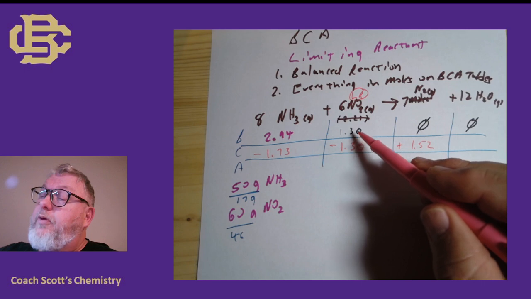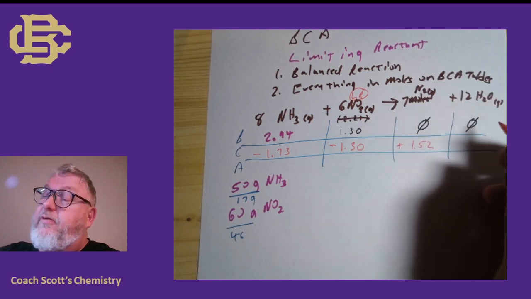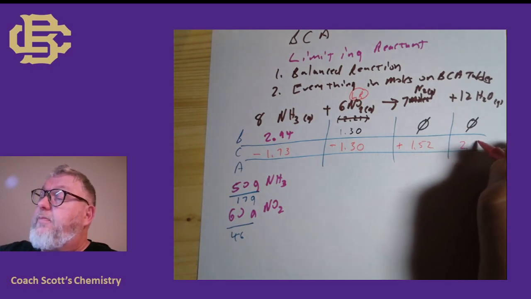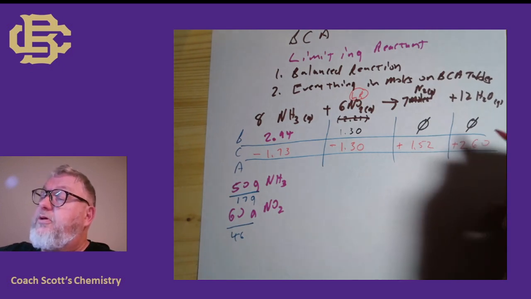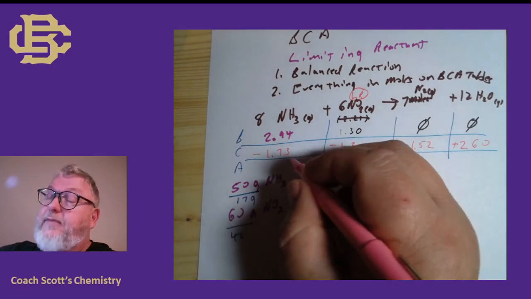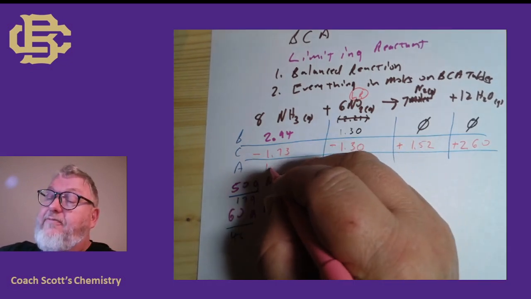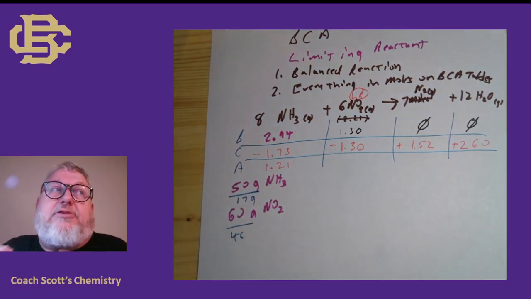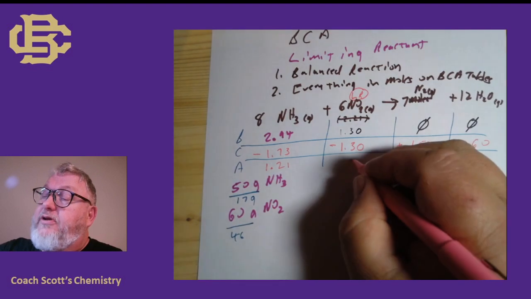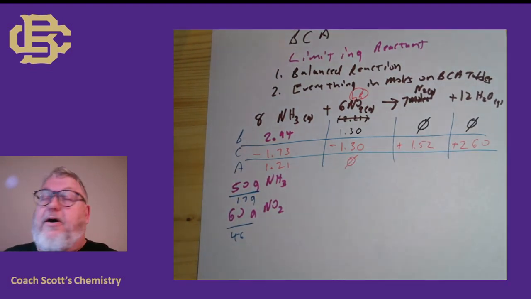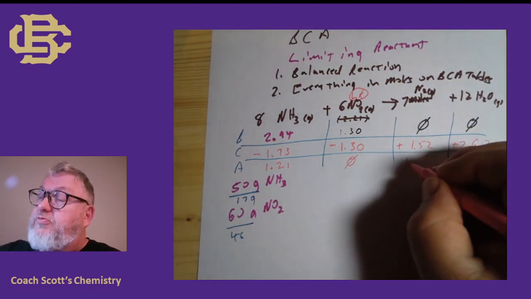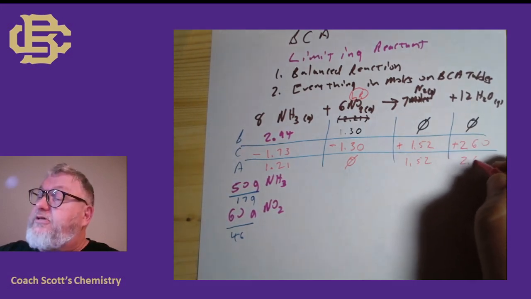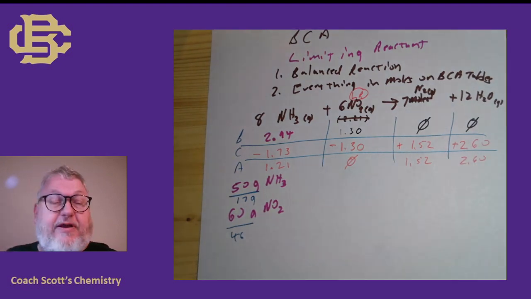If I do 1.3 times 12 over 6, that's going to give me a bigger number, in fact 2 times the amount, and it does come up to 2.6 moles. So if I subtract, I'm going to have 1.21 moles of ammonia left over after the reaction. The nitrogen dioxide is going to be gone. I'm going to produce 1.52 moles of nitrogen gas and 2.6 moles of water vapor.